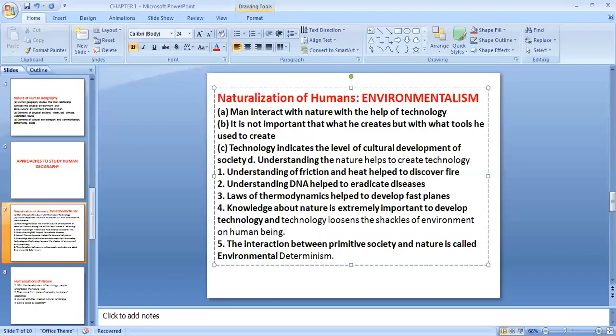We are making rules, no doubt, social distancing and all. But if you see from the side of environmentalism, why are we following them? Because it's a must for us. Who is deciding? The environment is deciding. If you will not follow this rule, then this virus will spread to you.